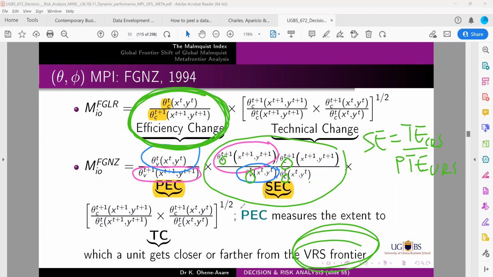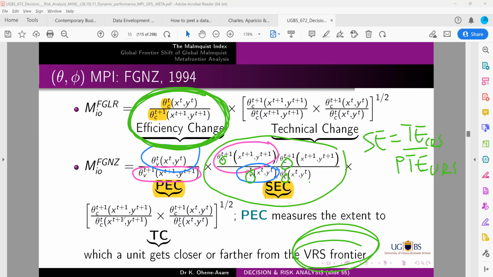Okay. Now remember that the VRS assumes that size matters. And the CRS assumes that size does not matter. So the scale efficiency now brings the two into the picture. And when we go to scale efficiency change, that one also will look at how the size is affecting the productivity over time.